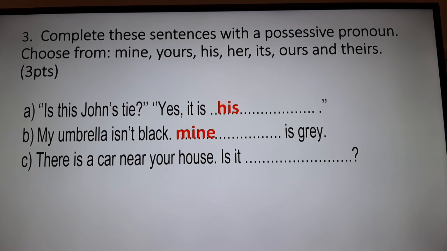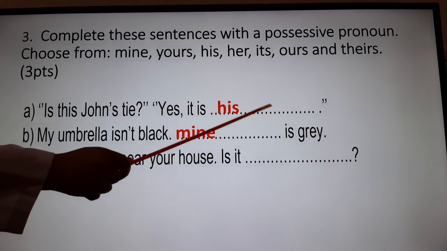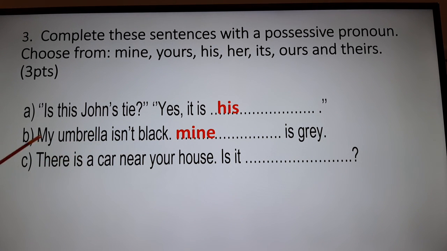Mine is gray. So to say my umbrella is gray. So instead of repeating all the noun, well, we can use mine. What about this? There is a car near your house. Is it yours? Now, since it is near your house, is it yours? So, is it your car?